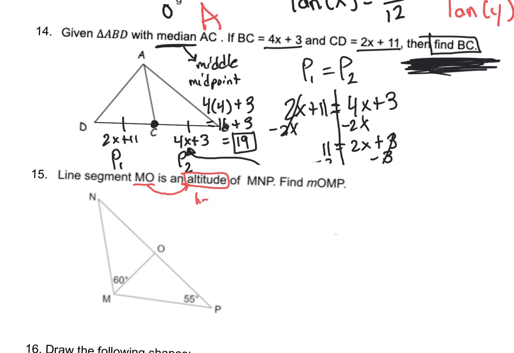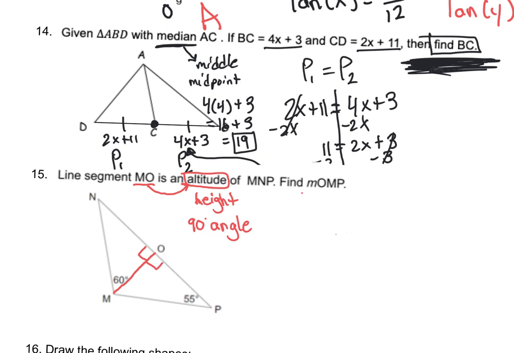Some kids will think of height, which is good. That's a good word. But the most important thing is you should be thinking 90-degree angle. So MO is our altitude, which means this is a 90-degree angle, and this here is also a 90-degree angle.